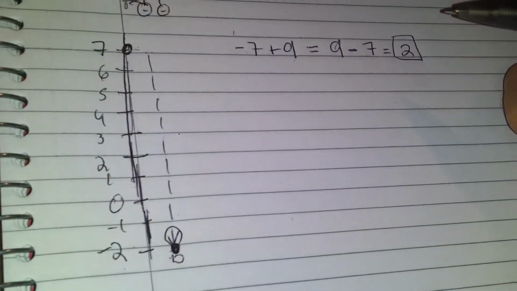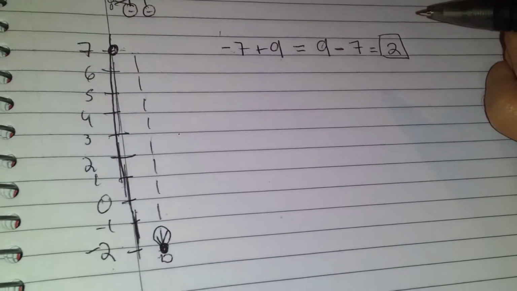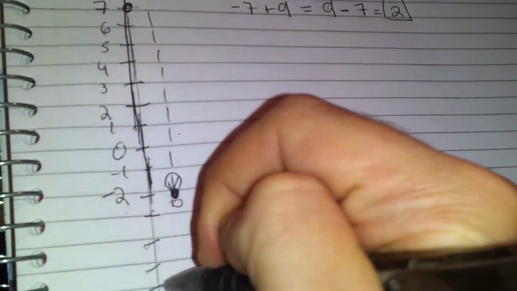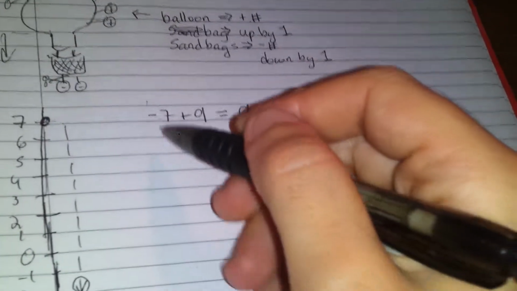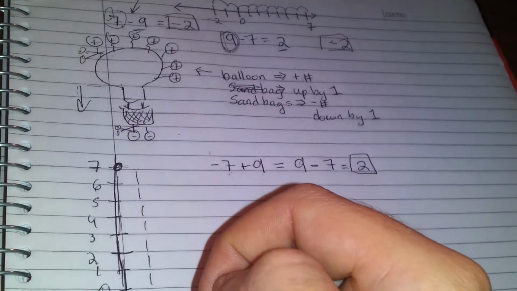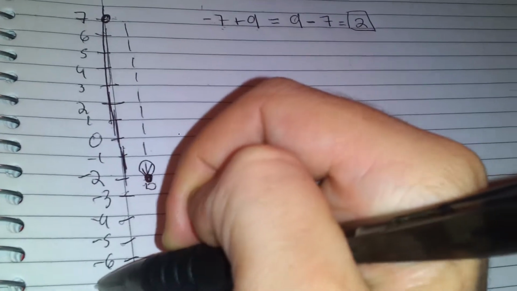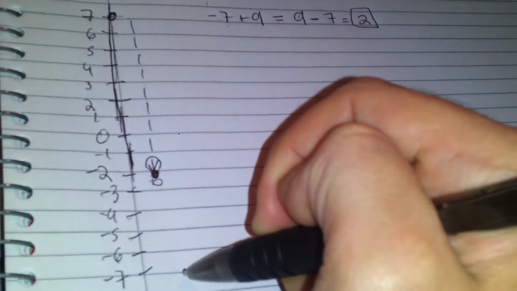Again, if you want to, we could go back with the hot air balloon analogy and use it to check our work. So if we start out with -7, that means we're starting out with 7 sandbags on our balloon instead of 7 helium balloons. So we're going to go down to a -7. -4, -5, -6, -7. So here's our hot air balloon now.